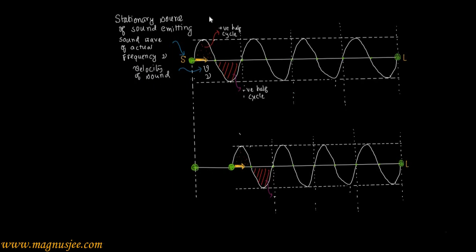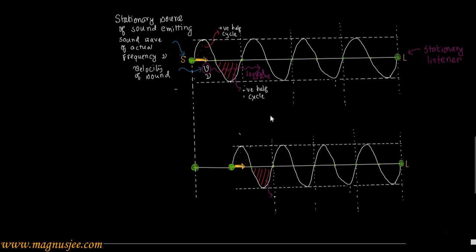V is the velocity of the sound wave, and L is the stationary listener. As the listener is stationary, VL equals 0.